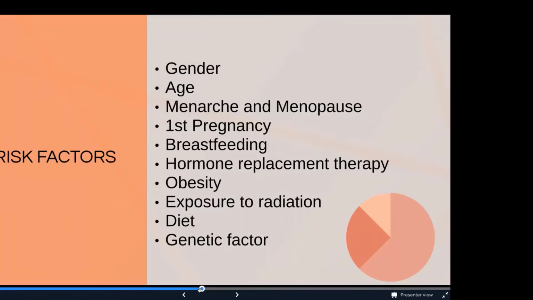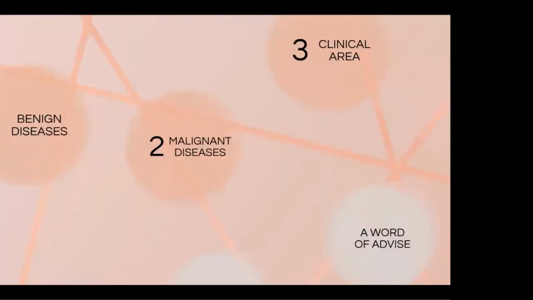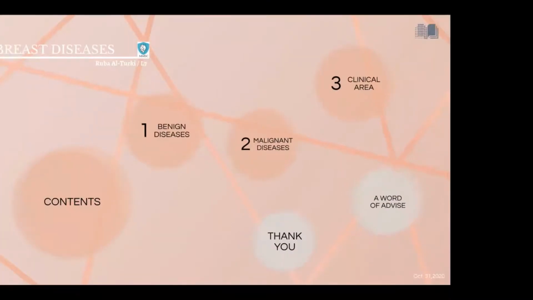And one more thing in regard to management, you mentioned fibroadenoma. You mentioned the only management and treatment depends on the size. So once the size is 4 centimeters and above, you do excision or lump excision. But once it's below that, you don't.